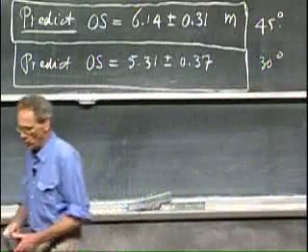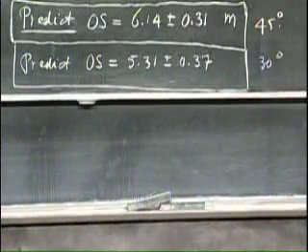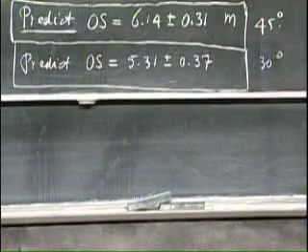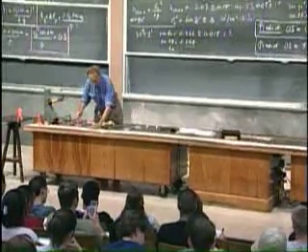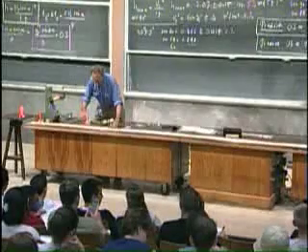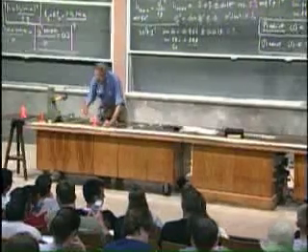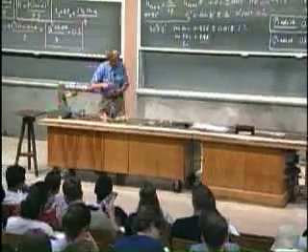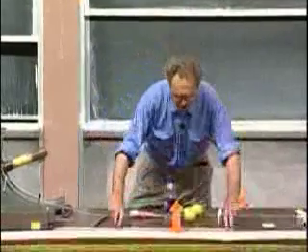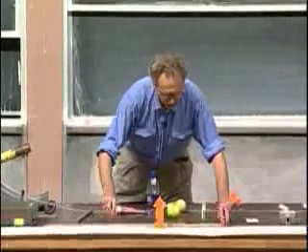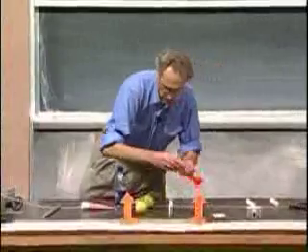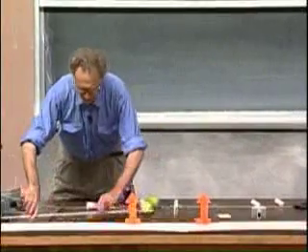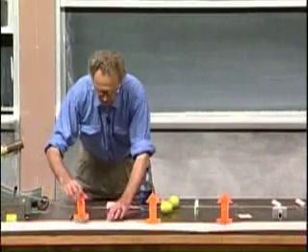And so now I'm going to put the markers out at 5 meters and 31 centimeters. This is the 5 meter mark, 31 centimeters. And I allow for 37 centimeters on either side. It's here. And 37 centimeters on this side, that is here.